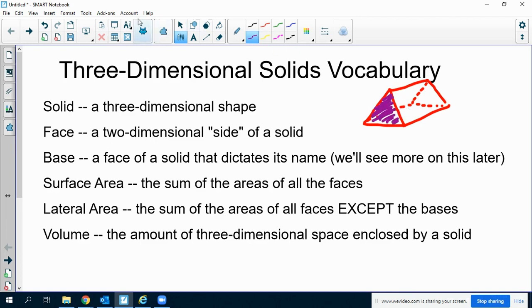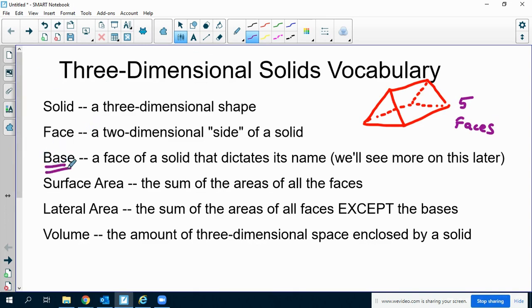So this triangle, that'd be a face. This rectangle on the side, that would be a face. The triangle in the back, that would be a face. So this particular shape that we are looking at has 5 faces.